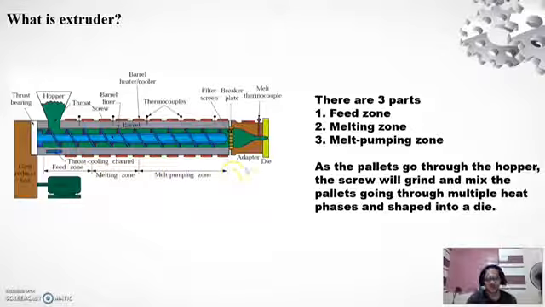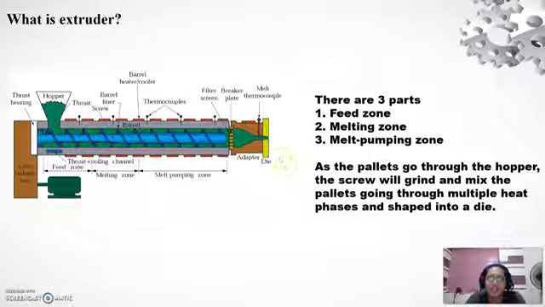As the pellets go through the hopper, the screw will grind and mix the pellets together. From the feed zone going through the melting zone, which will melt the pellets, it then goes to the melt pumping zone and forms into a die according to the orifice shape.